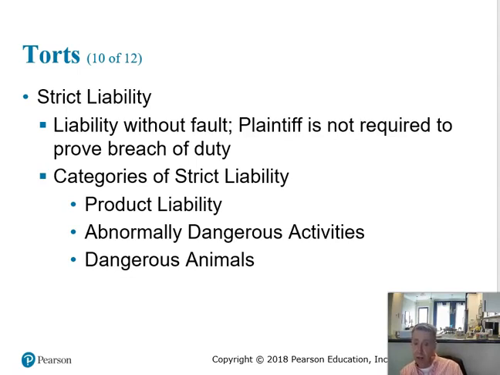Now, categories of strict liabilities can include product liability, abnormally dangerous activities like the shipment of hazardous chemicals, or dangerous animals. Like if you keep a wild wolf as your pet and the wolf hurts somebody, then that's strict liability. You don't have to prove anything like that the defendant was negligent. Just the fact that it happened is enough.